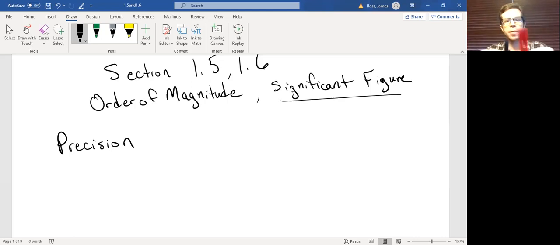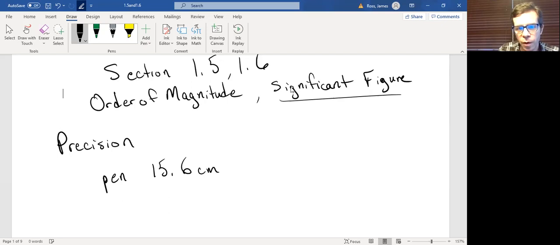That's what I'm going to go with. Oh, actually, I put it on the one line instead of the 0 line like you're supposed to do, so that you're not going from the end of the ruler. So it's actually 15.6. So my pen is 15.6 centimeters long.